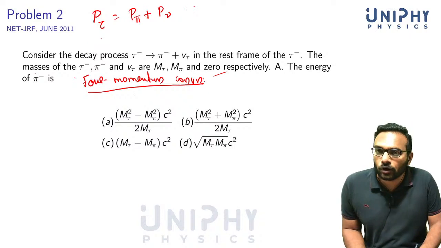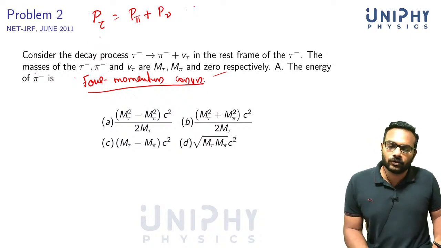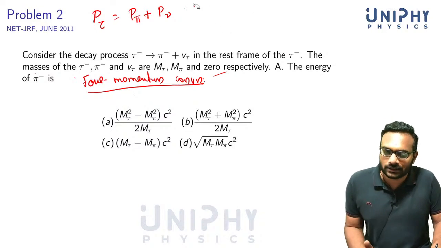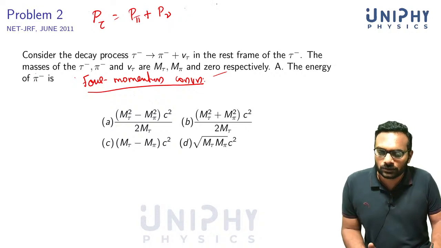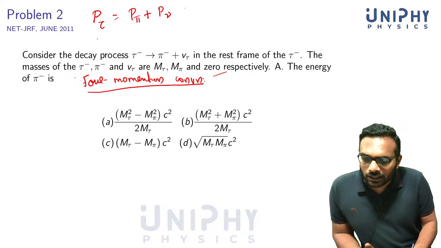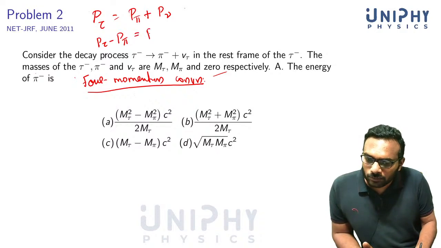This means that the 4 momentum of the decaying particle is equal to the sum of the 4 momenta of the product particles, the pi and nu. It's most convenient to write this equation in this form: P tau minus P pi is equal to P nu.